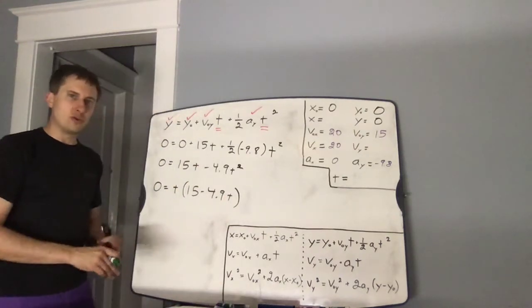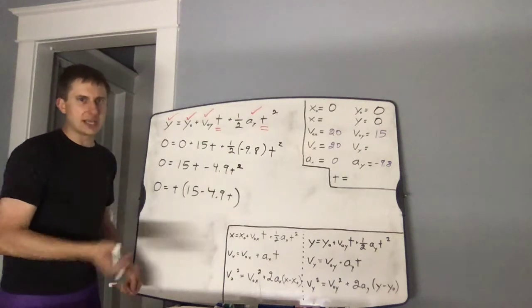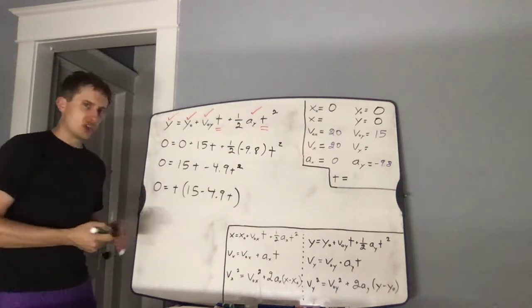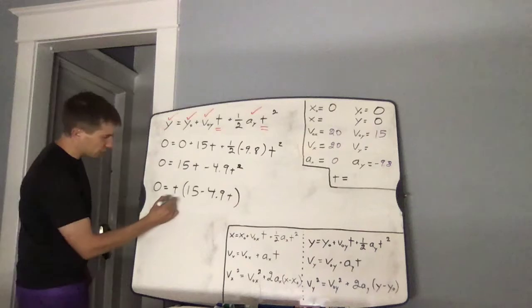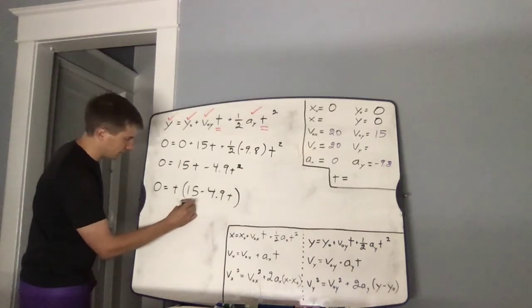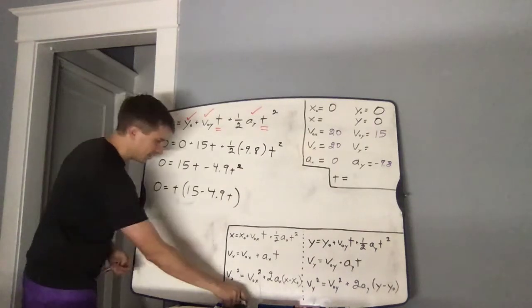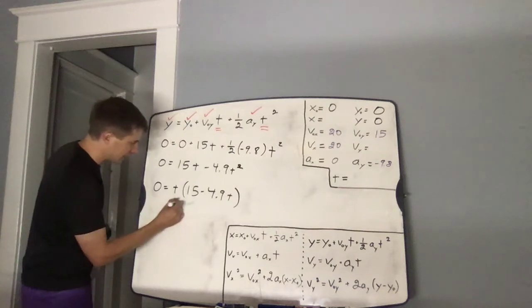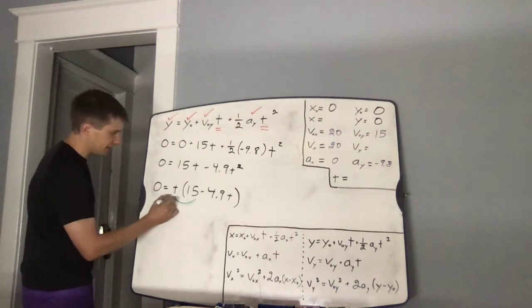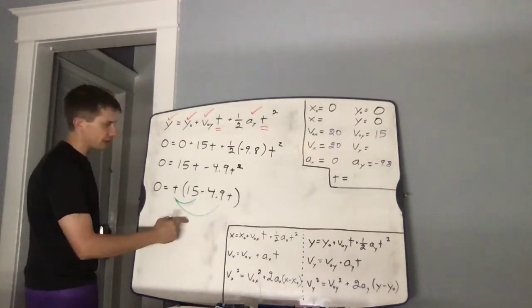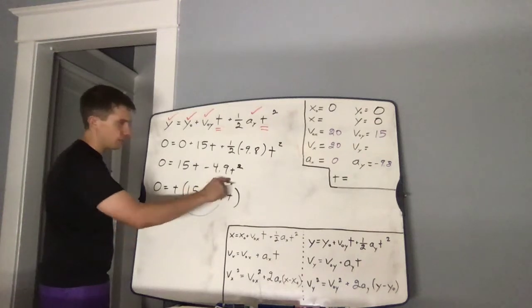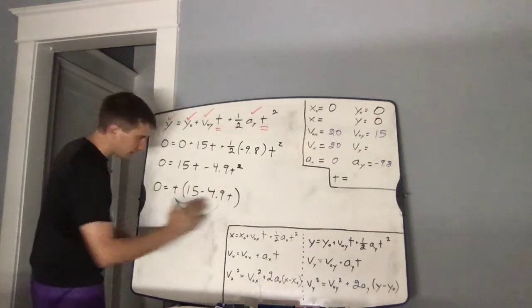Now, if you don't quite believe me, you don't see how you got from here to here, just begin at this line, and factor the t into the parentheses in both places, and when you do that, t times 15 gives 15t, t times negative 4.9t gives negative 4.9t squared.